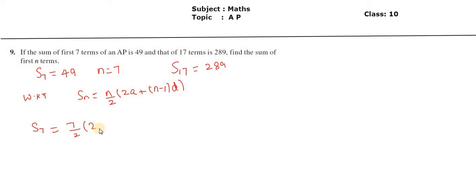what is the a value? We don't know what the a value is, so write that as it is, a. Then plus n minus 1, that is 7 minus 1, I'll write directly here 6d. Now S7 we know is 49.